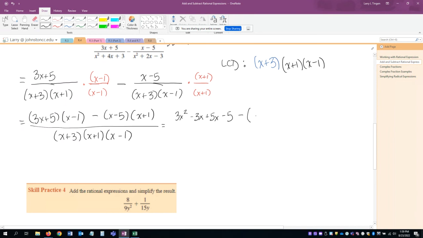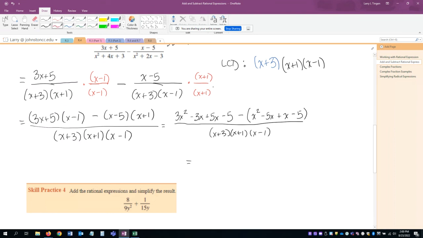Minus x minus 5 times x plus 1 is x squared minus 5x plus x minus 5. And again, this is all divided by x plus 3 times x plus 1 times x minus 1.